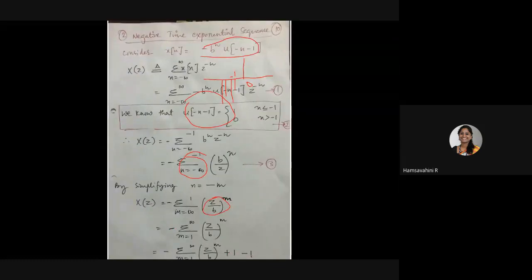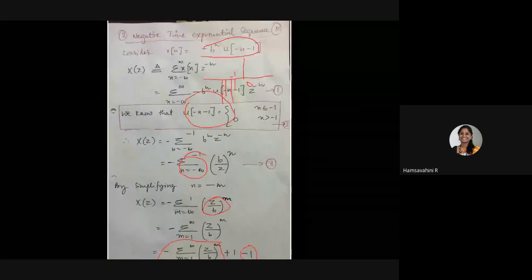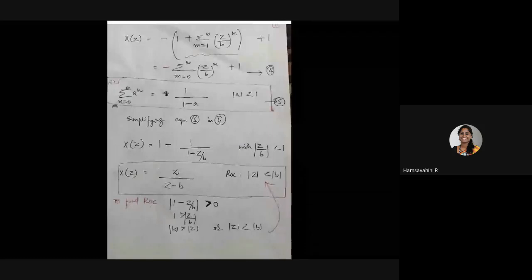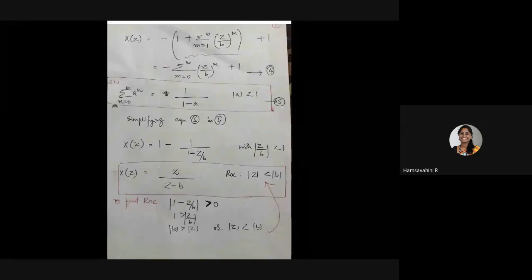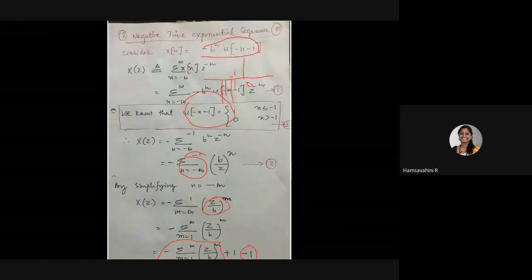So suppose we have z by b whole to the power of 0, that term is also 1. Now if you combine these two terms, m is equal to 1 to infinity z by b to the power m, minus 1. Minus 1 is nothing but z by b whole to the power of 0. So by combining these two, I can write m is equal to 0 to infinity z by b all to the power m, and this plus 1 term will be as it is.